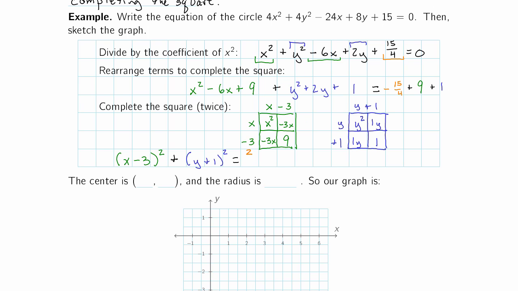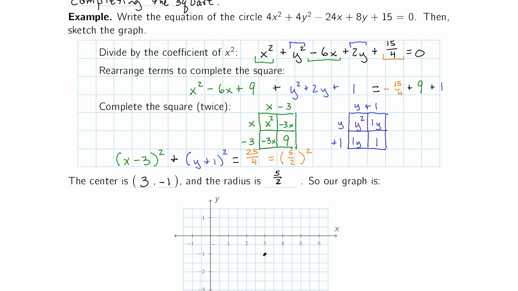I get 25/4, which is 5/2 squared. My center is at, well, h is 3. K is plus 1, which is the same as minus negative 1. So K is negative 1. Here's my center at 3, negative 1. And my radius is 5/2.